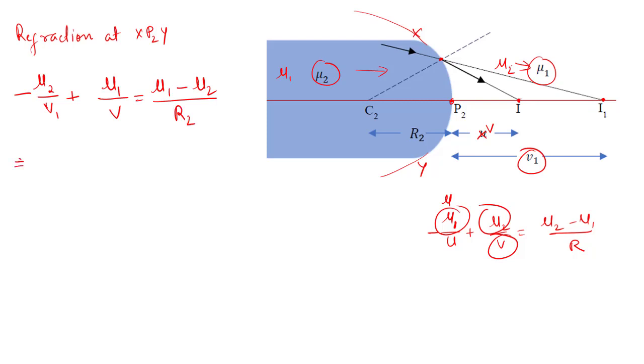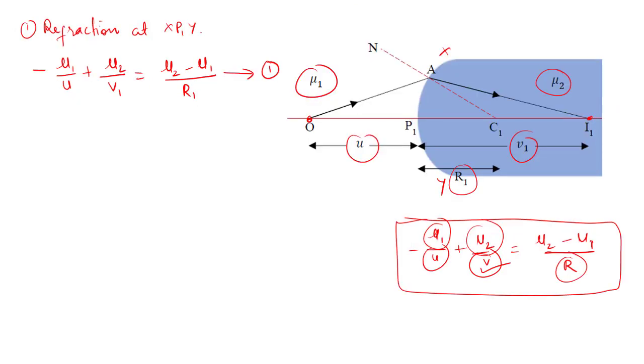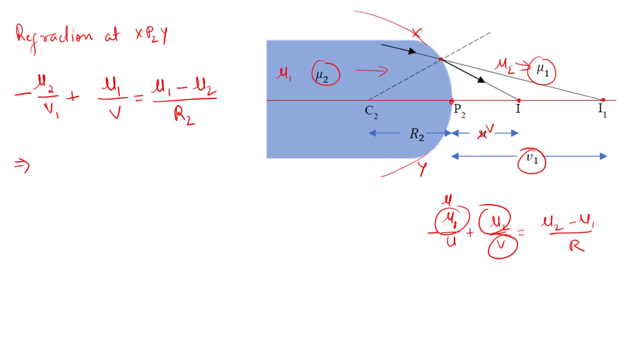Okay, let us rearrange. In the first equation, we use mu2 minus mu1. So let us write this in terms of mu2 minus mu1. Mu2 by v1 plus mu1 by v equals, let us take minus common, mu2 minus mu1 by r.